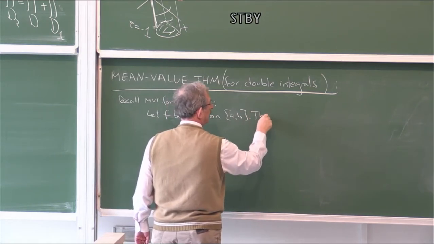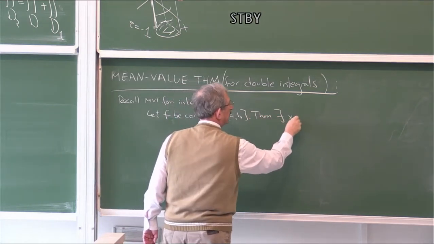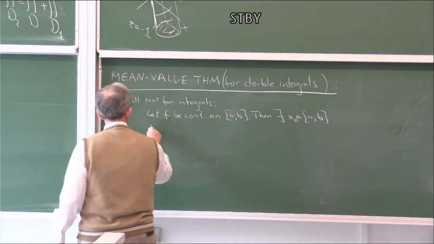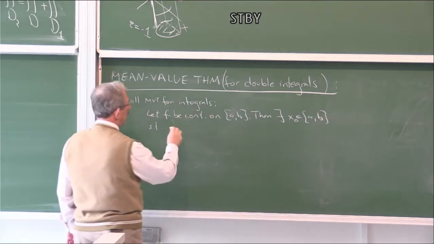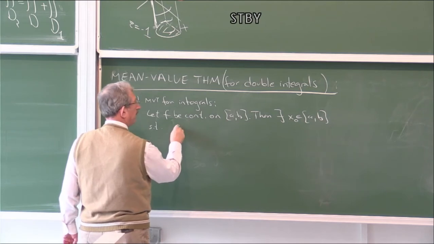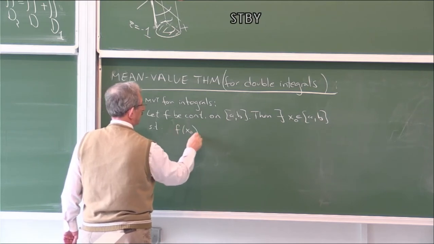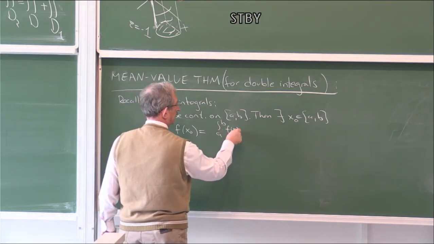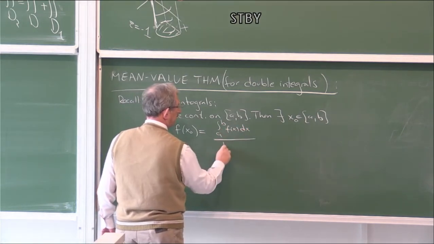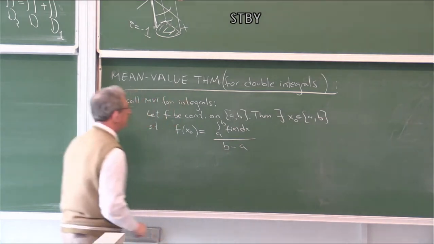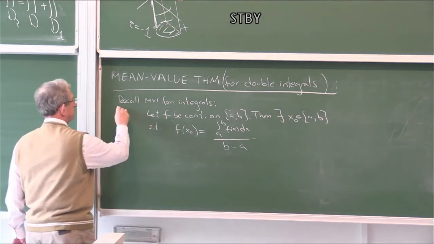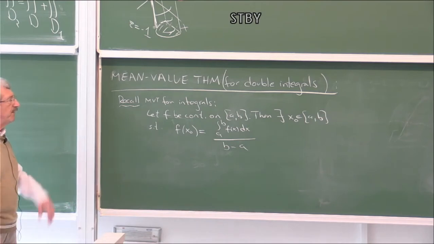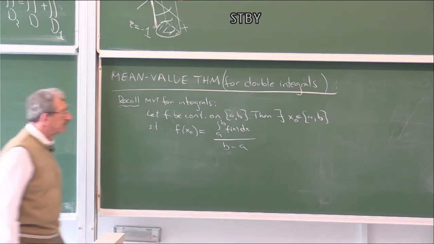Then there exists an x0 in [a, b] such that f of x0 is equal to the integral divided by b minus a. This was the standard mean value theorem for integrals.